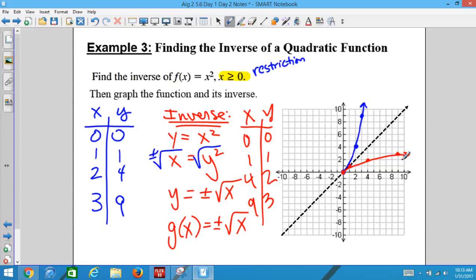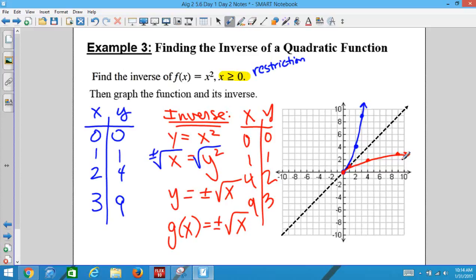Graph both of them. So the inverse also. Equals, and then you switch them.